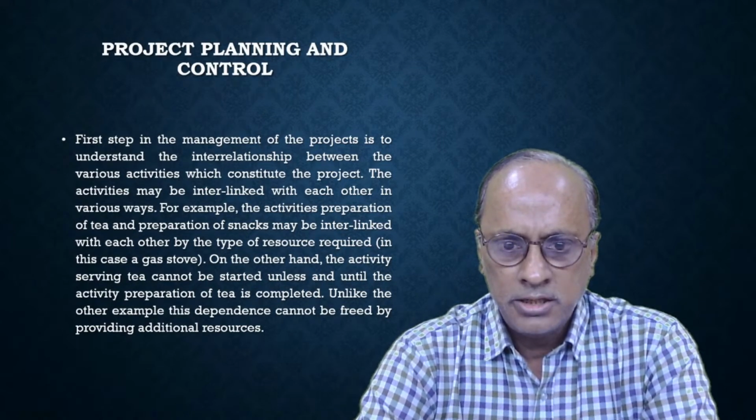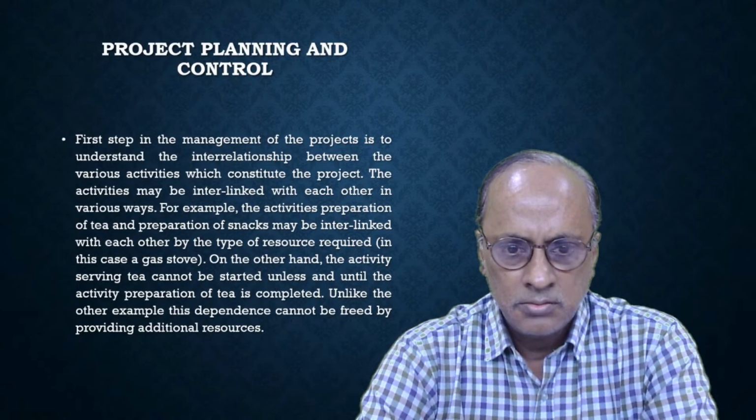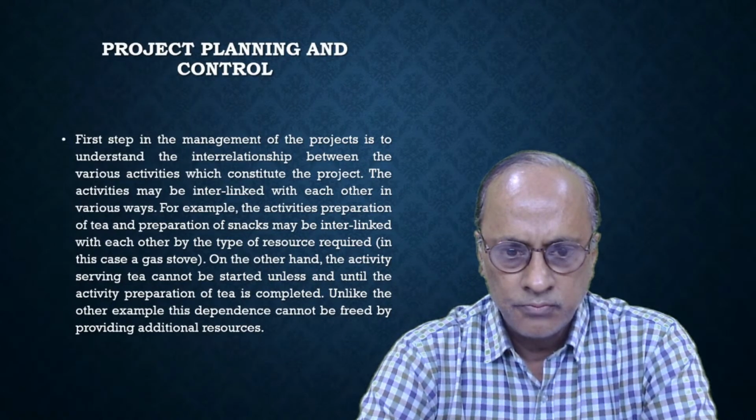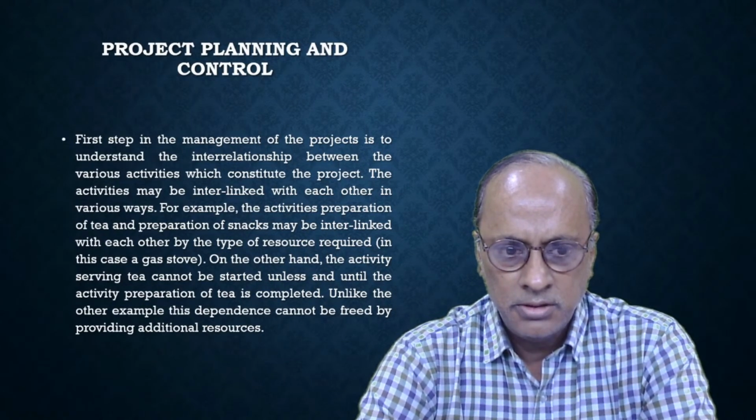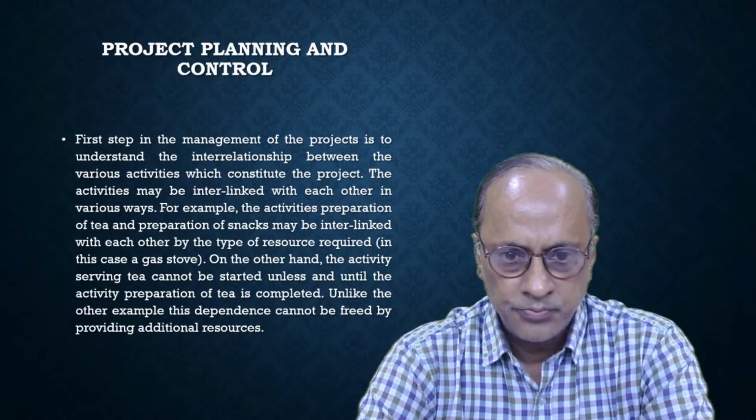For example, the activities preparation of tea and preparation of snacks may be interlinked with each other by the type of resources required, in this case a gas stove. On the other hand, the activity serving tea cannot be started unless and until the activity preparation of tea is completed. Unlike the other examples, this dependence cannot be freed by providing additional resources.